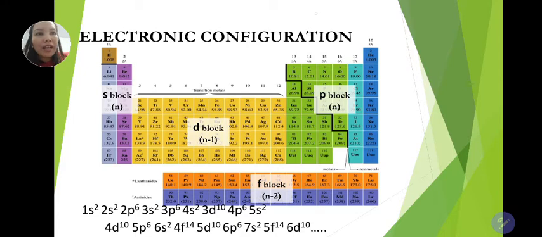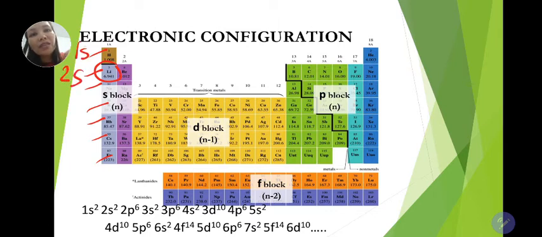Ibig sabihin, nasa S block siya, and then nasa second energy level. This is the first energy level, second, third, fourth, fifth, sixth, and seventh. So, since nasa S block siya, and nasa second main energy level, ibig sabihin, yung last main energy level niya is nasa 2s.